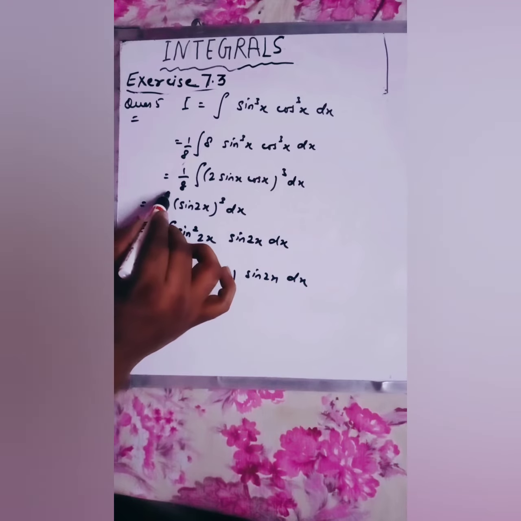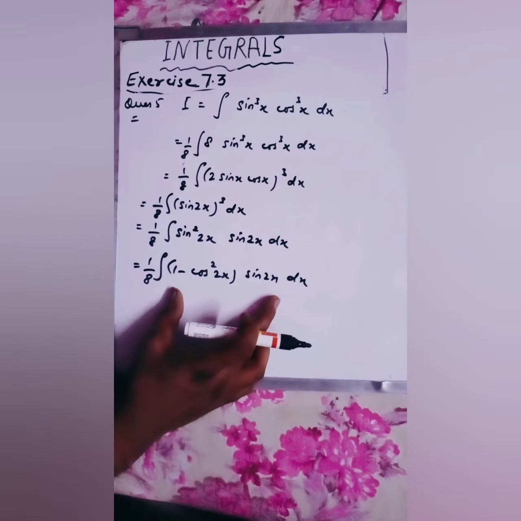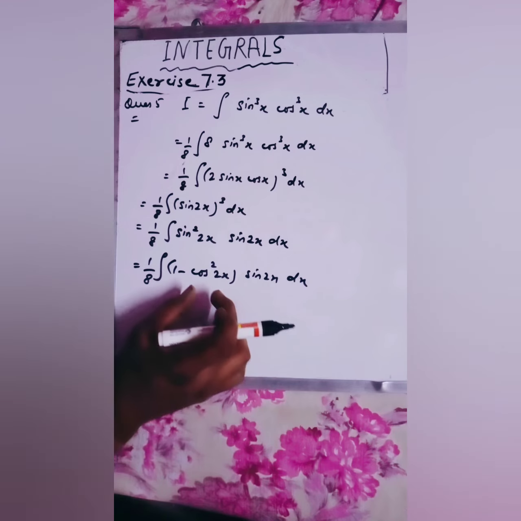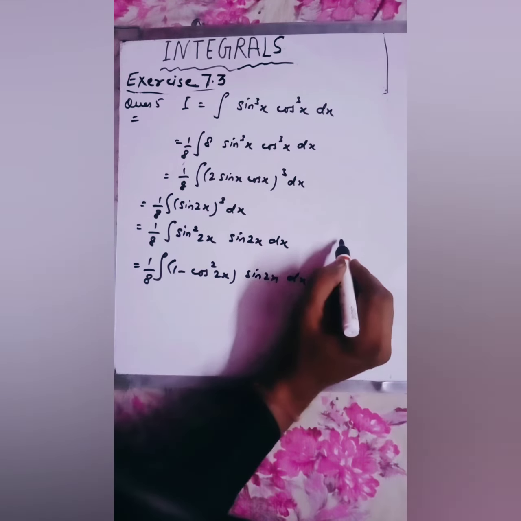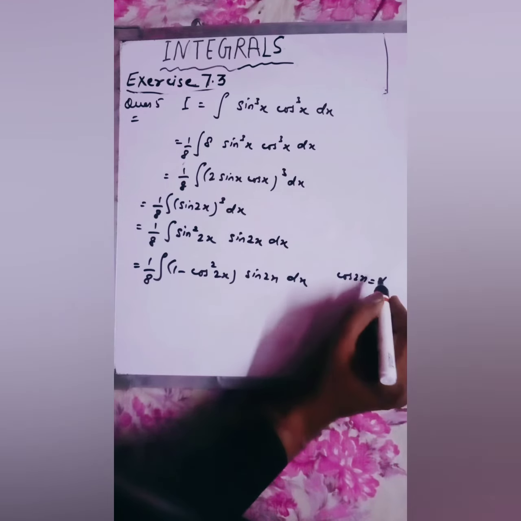This integral sign. Okay, now as you have done in the previous question, that is question number 4, the same concept you have to use. Here cos 2x you have to put equals to t.